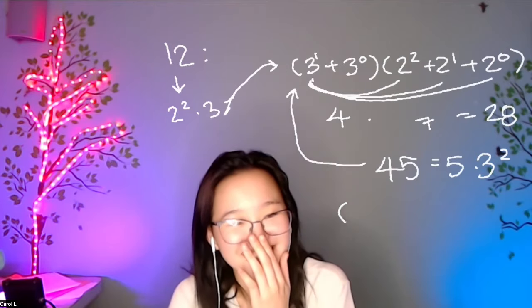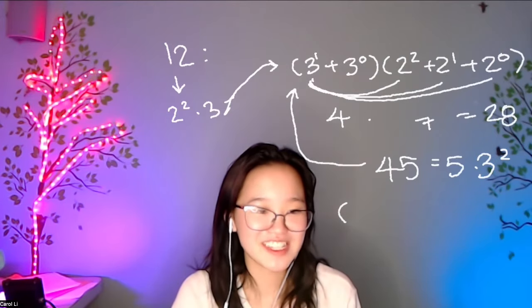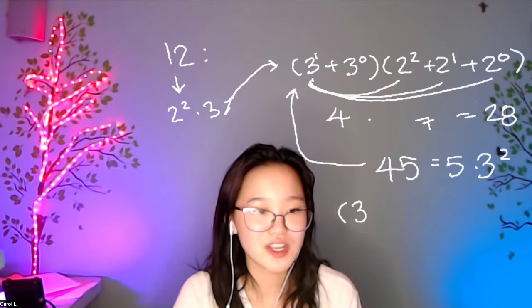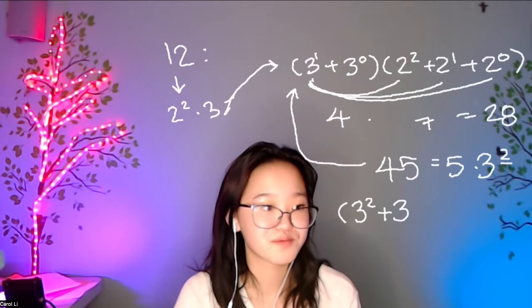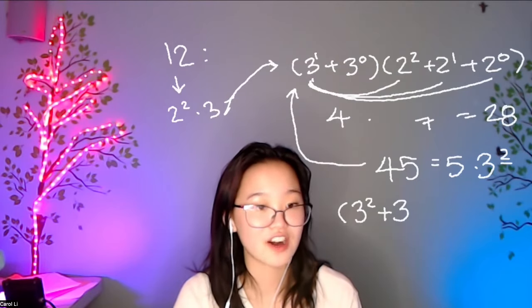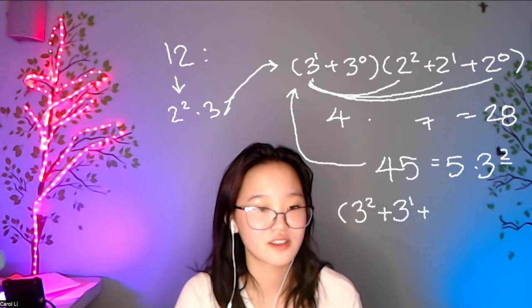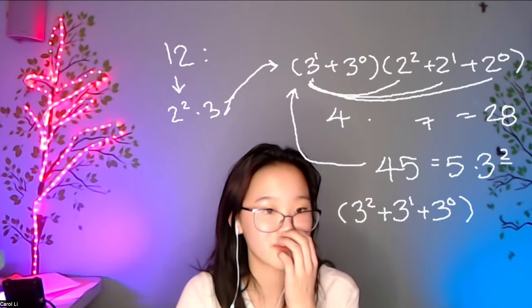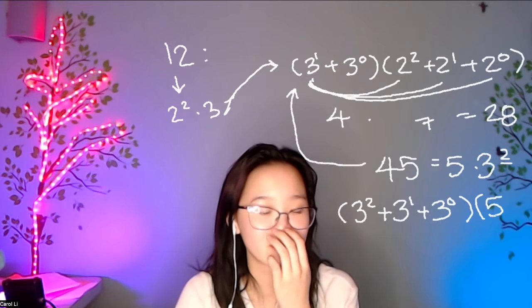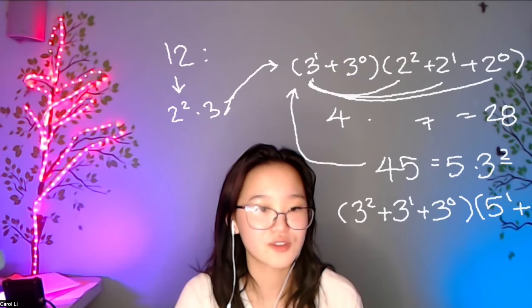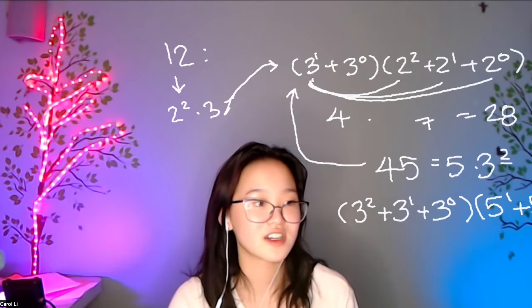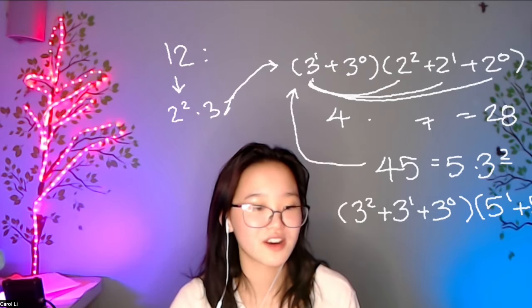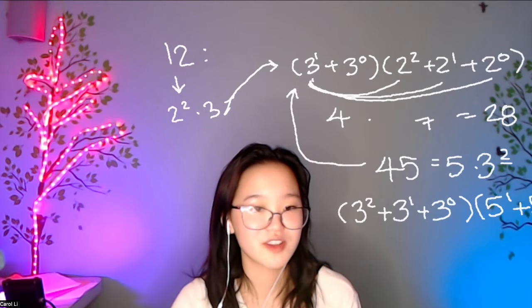Okay, so basically you would find the power. For 3 squared, if the power is 2, then you would sum up all of the powers of 3 that are less than or equal to 3 squared, including 3 to the power of 0. Make sure you don't forget that. And the same thing for 5, which is 5 to the power of 1.